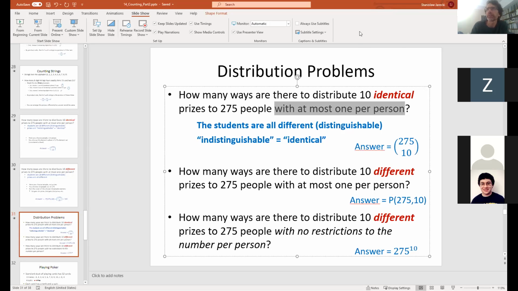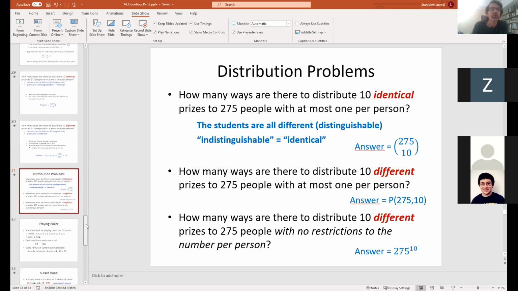Although at first maybe it's hard to think of what natural problem would correspond to distributing identical prizes among the group of students and allowing collisions, and how would you count. It's a natural problem.